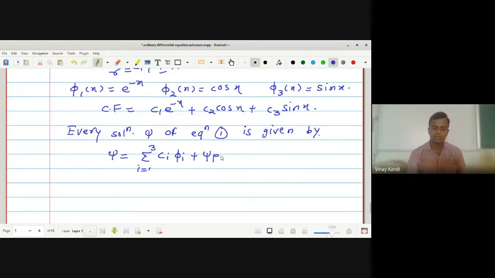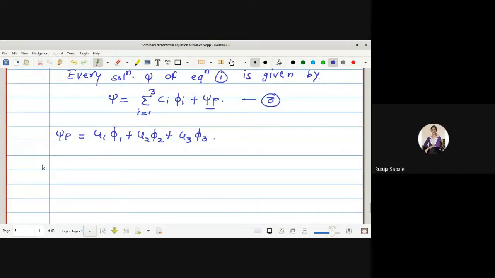So we have to find first psi p. Now psi p is given by u1 phi 1 plus u2 phi 2 plus u3 phi 3. Any doubt up to here?